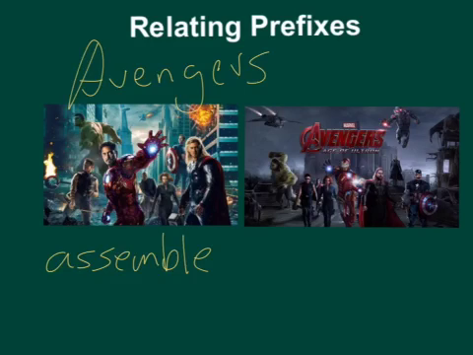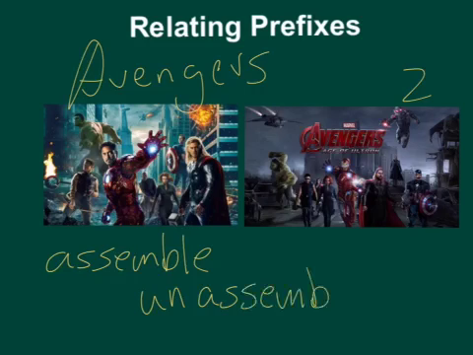Okay? In the second movie, the sequel, some bad things happen with the team. There's some bitter feelings and mistakes are made. There's some disagreement. And you could maybe say that they become unassembled. Okay, they're pulled apart.